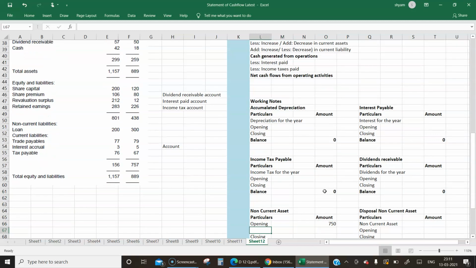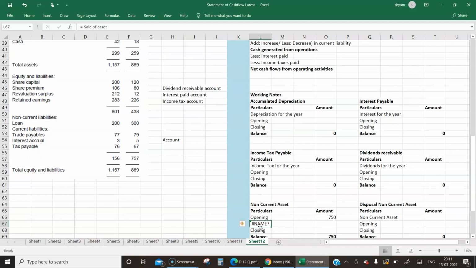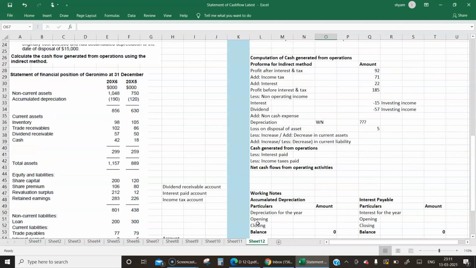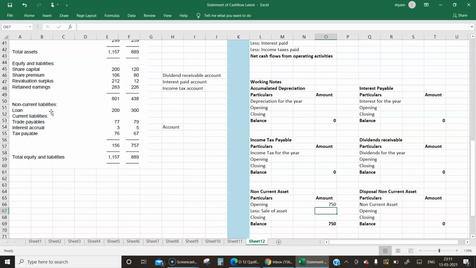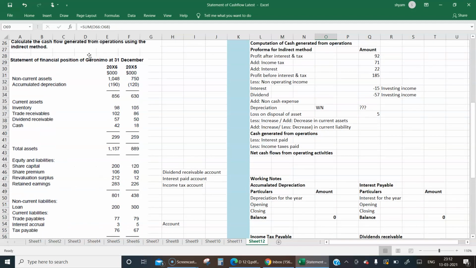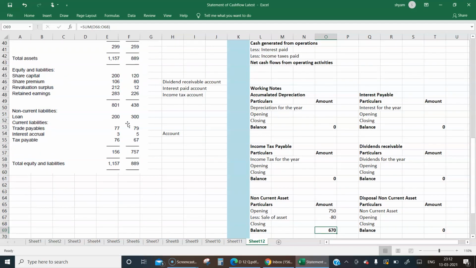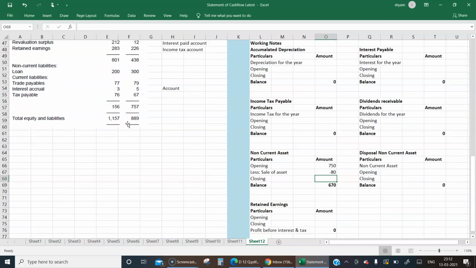From that they have sold some asset, so we'll put it as less. 80 worth of asset has been sold, so minus 80. So 670 should have been the balance. But if you look, the closing balance is 1048.